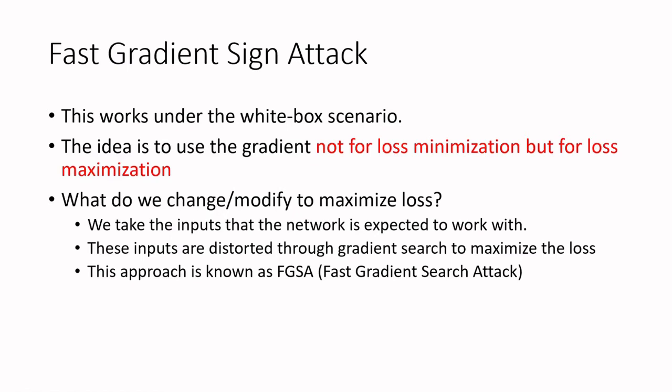And the idea here is to use the gradient. Typically, when we use the gradient, we have a loss function and we use the gradient to move in a direction which will minimize the loss function. But when we are talking of the fast gradient sign attack, we flip our aim. We use the gradient not for minimizing the loss, but to maximize the loss.